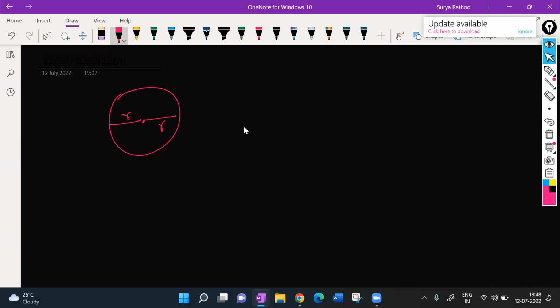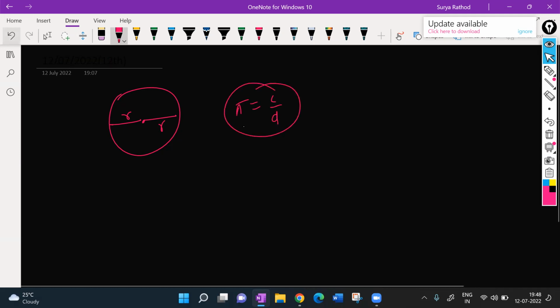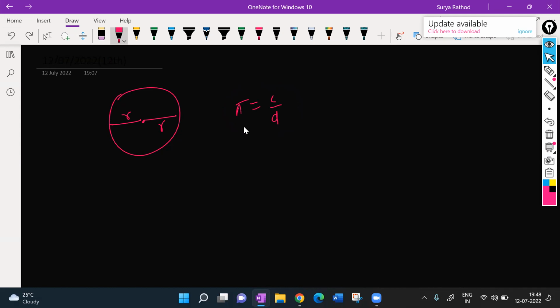Circumference C and diameter D, that is the pi value he has given. It seems to contradict the fact that pi is irrational. How will you resolve this contradiction?